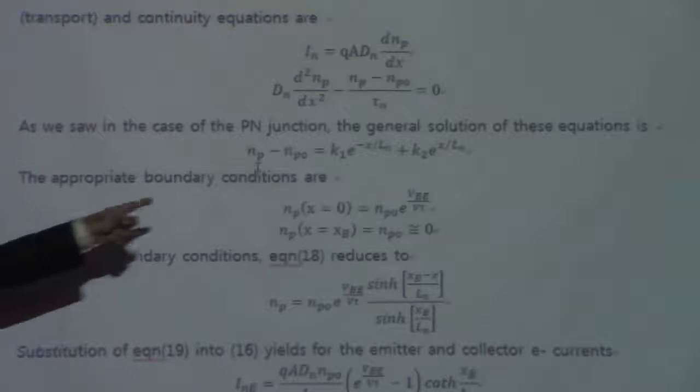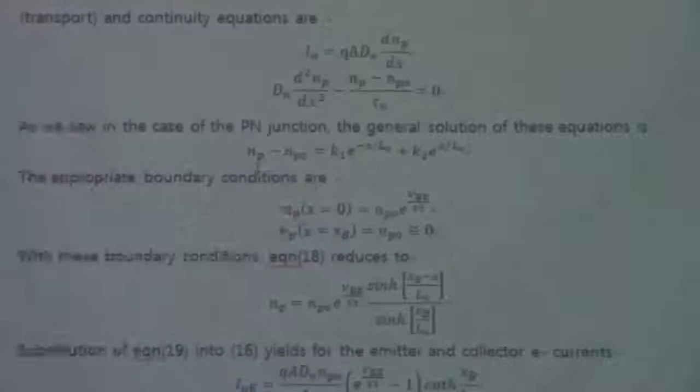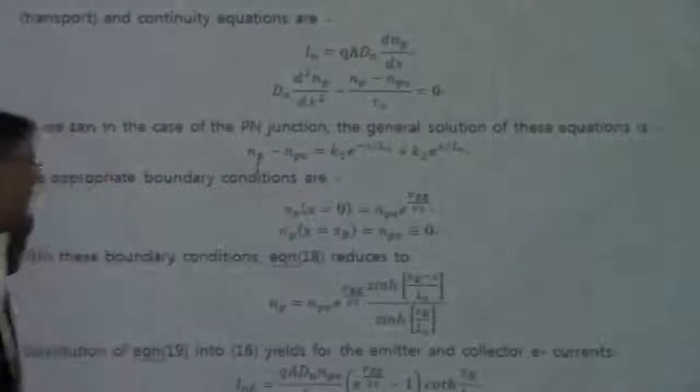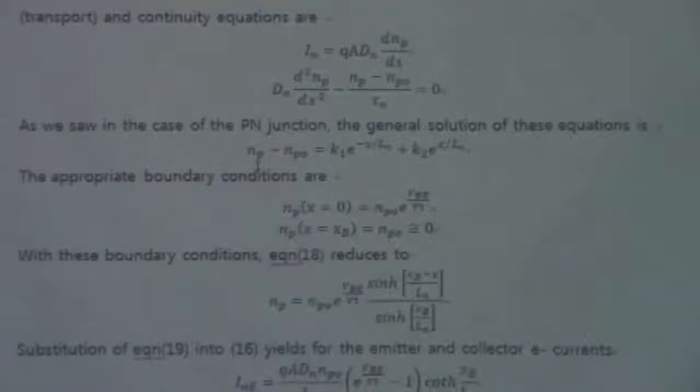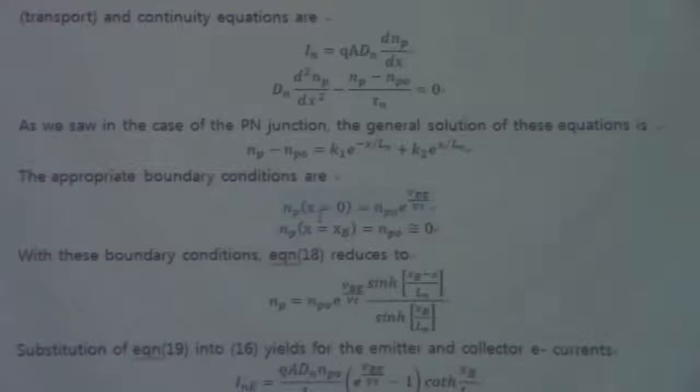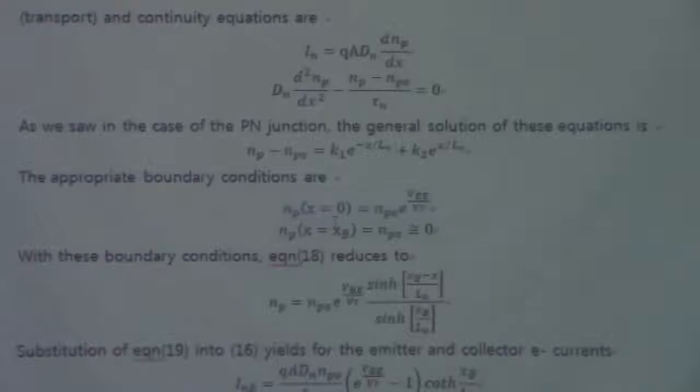And NP naught is the equilibrium concentration. That is the interface concentration, and that is the equilibrium concentration. And we apply the boundary conditions. We know the concentration of minority carriers at x equal to 0 and x equal to xb.